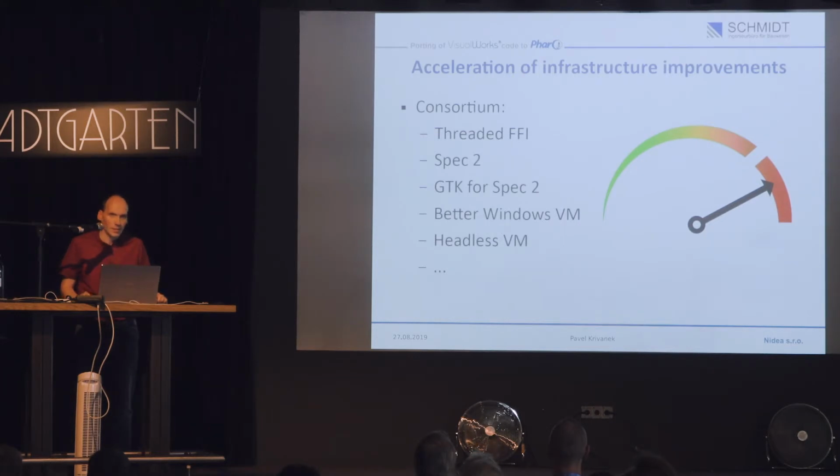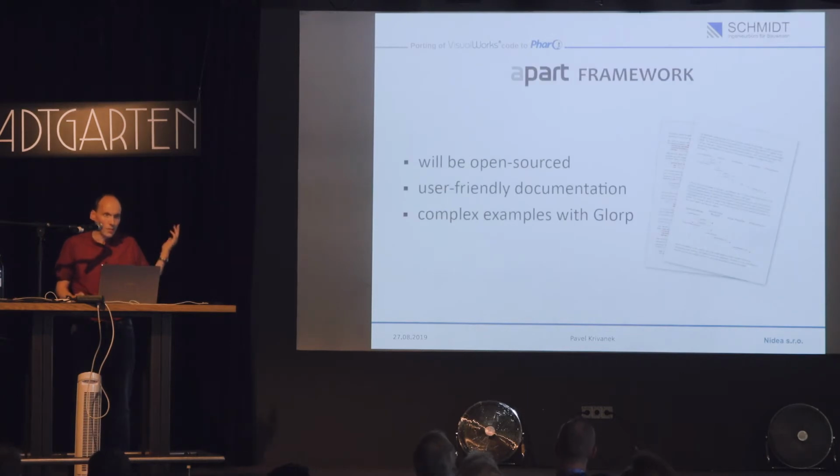But that's not all, because we also want to do stuff the Pharo community will benefit from. So the Apart framework itself will be open sourced. We are already writing user-friendly documentation, more than those 2 pages. So you will be able to write your own applications.